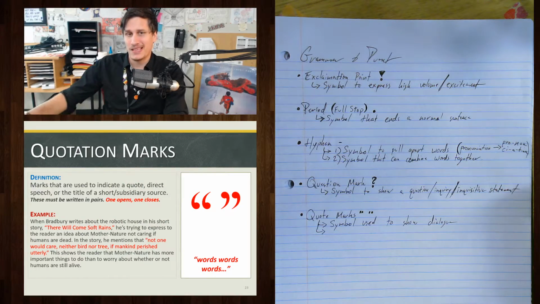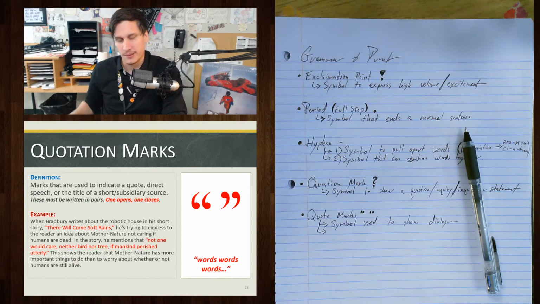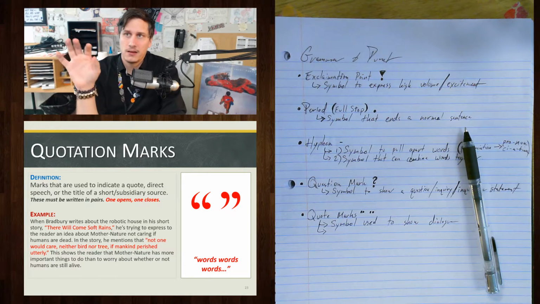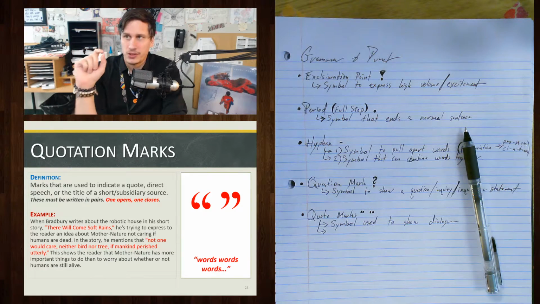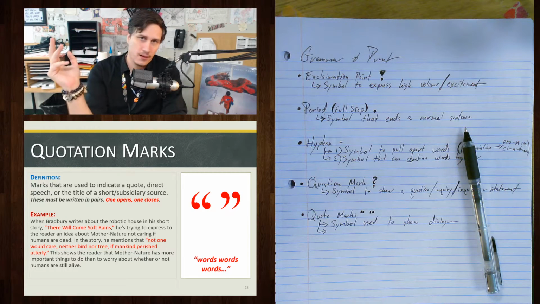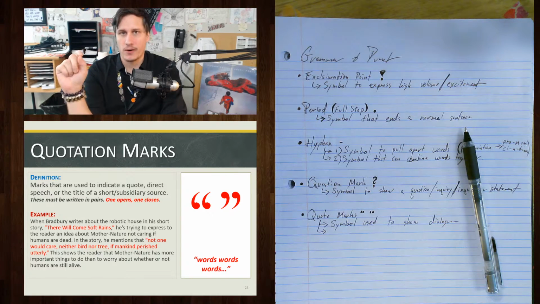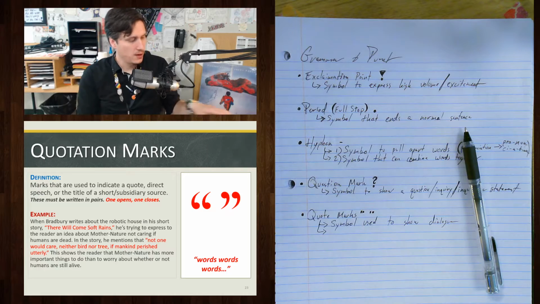Now, if you don't know what that means, remember how we talked about Peter Jackson's King Kong? Let's just say that I wanted to reference a certain scene in King Kong, the movie, right? I'd have to put the name of that scene in quote marks because it is a smaller part of a larger whole.